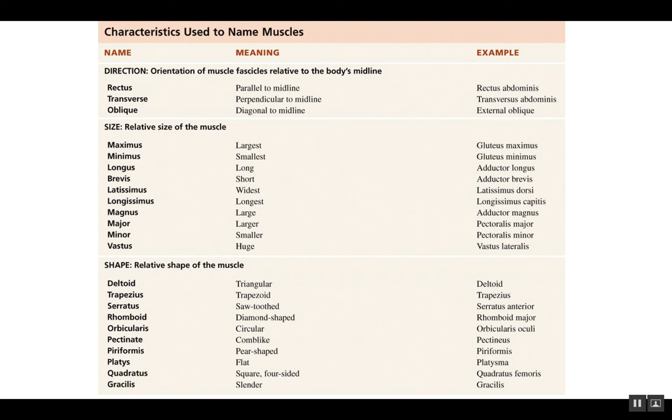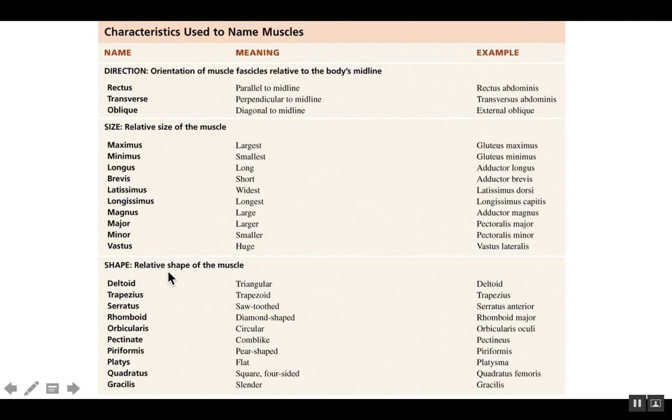There's an adductor longus, there's an adductor brevis, so one's longer, one's shorter, and there's an adductor magnus, that's the largest one. So these are all names based on size. Latissimus means wide, vastus means huge, all based on size of the muscle.